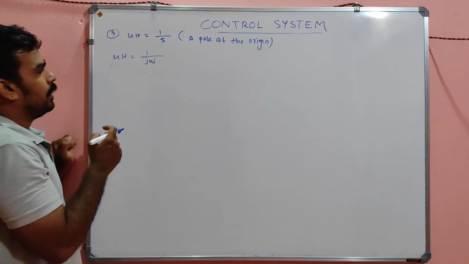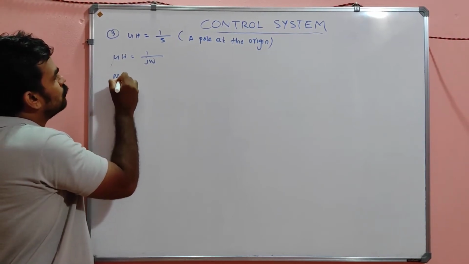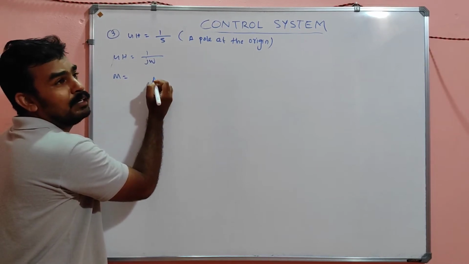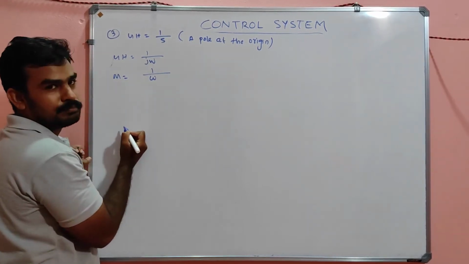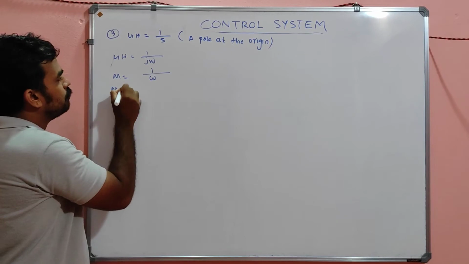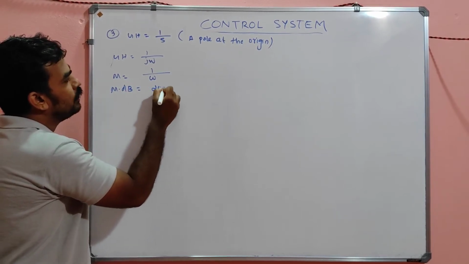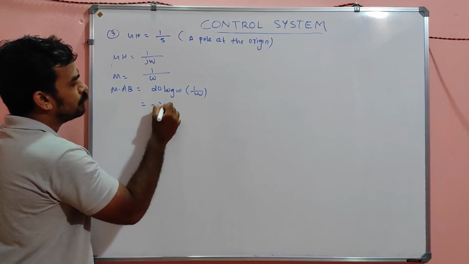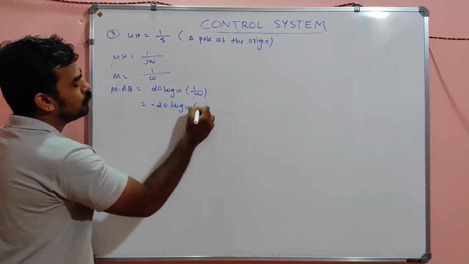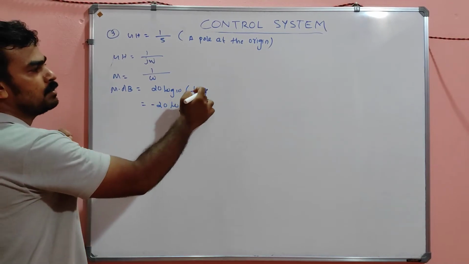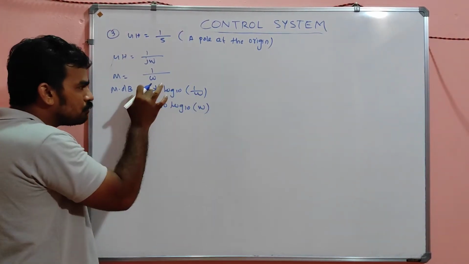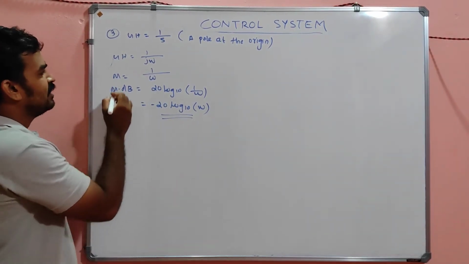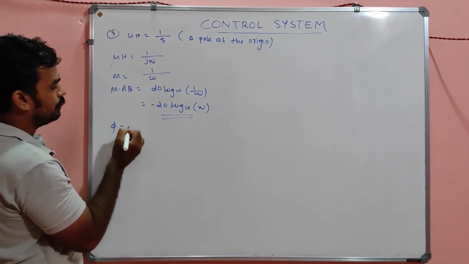So 1 by j omega. What will be the magnitude? Simply 1 by omega. What will be M in dB? 20 log 10 of 1 by omega, which is nothing but minus 20 log 10 omega, because 1 by omega is omega raised to minus 1. What will be the phase angle phi?